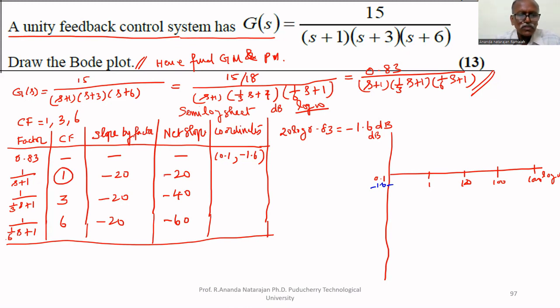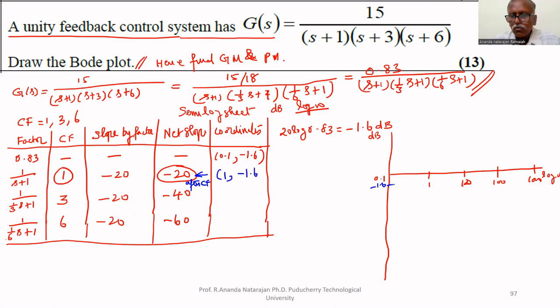After the corner frequency, the slope will change to minus 20. Corner frequency is 1, therefore up to 1 it is minus 1.6 only, and at 1 also the magnitude is minus 1.6.